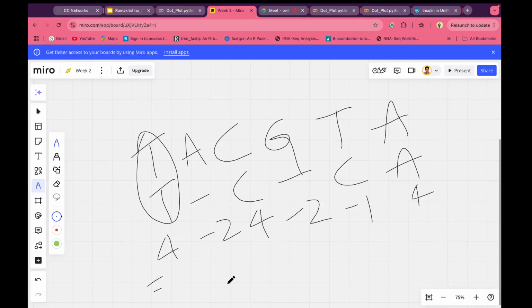So for a match case, a score of 4 has been allotted. For a gap, score of -2. So this is overall 12 minus 5, which equals 7.